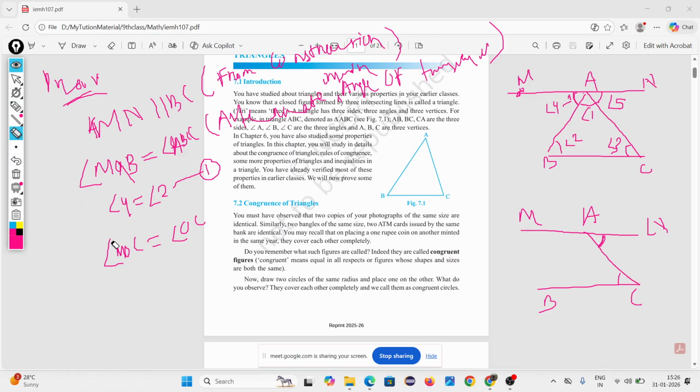NAC equals ACB. This is angle 5. This is angle 3. Angle 5 equals angle 3. This is equation 2.